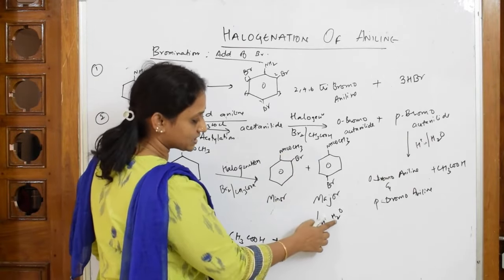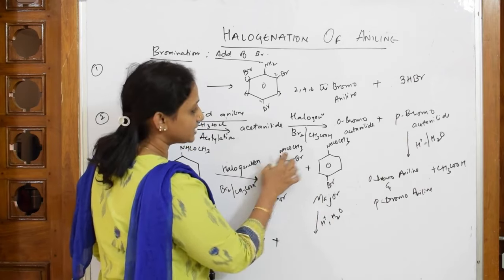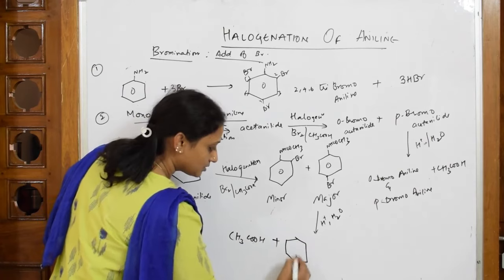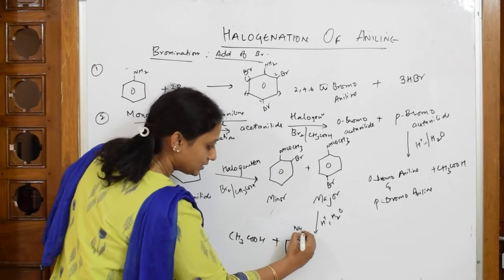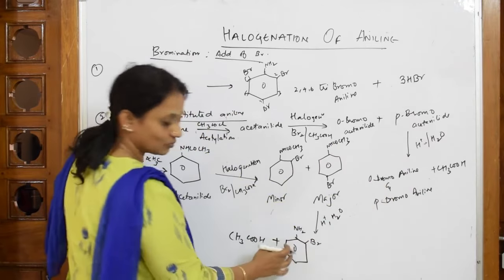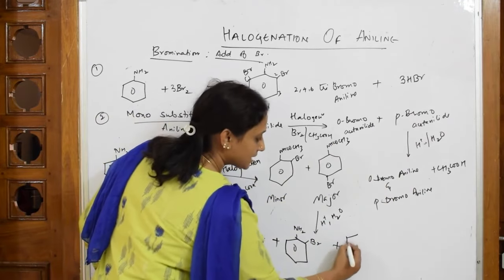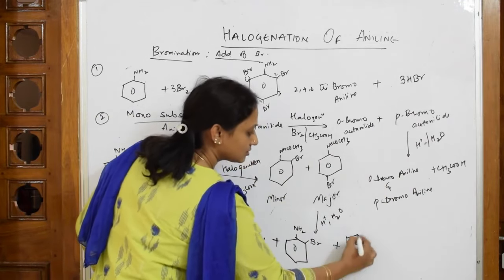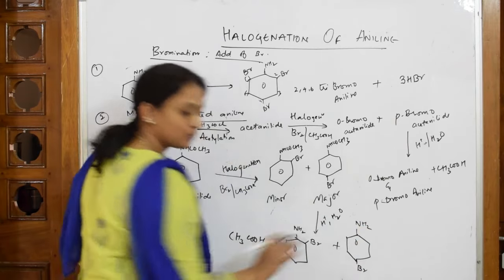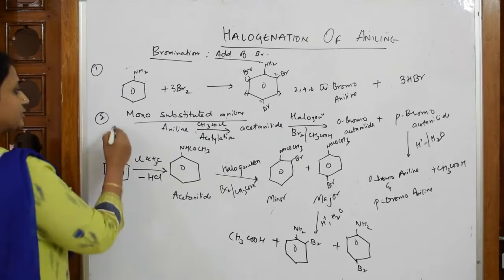That picks up hydrogen from here and becomes NH2 and NH2. So what do I get? I get aniline. This is orthobromoaniline 1. Second one is aniline with parabromoaniline. So let's see whether I've written correctly or not.